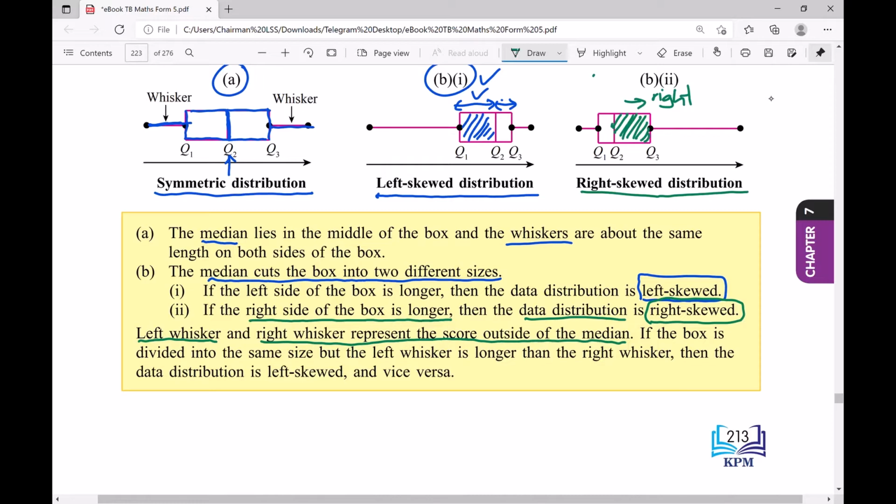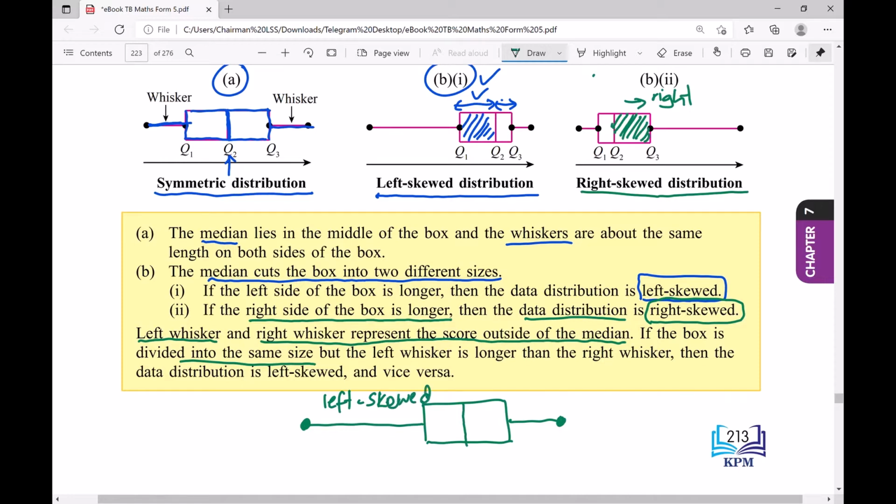If the box is divided into the same size, but the whisker on the left is longer and the one on the right is shorter, then the distribution is left skewed.